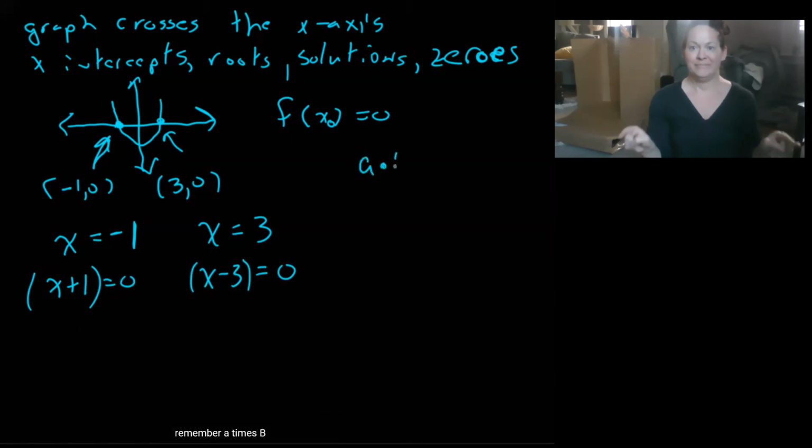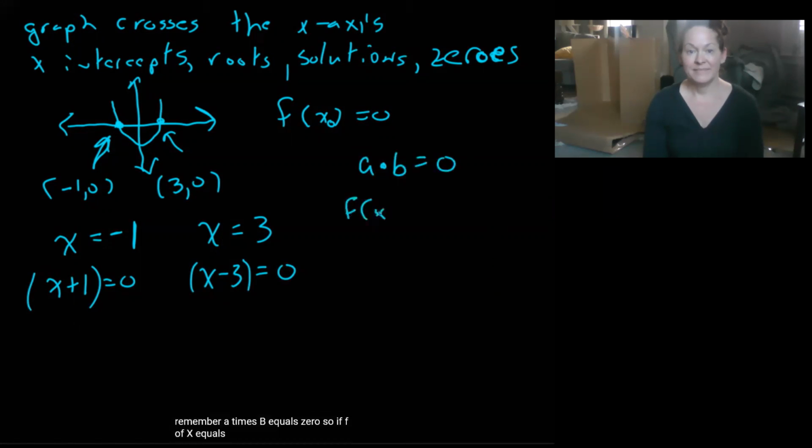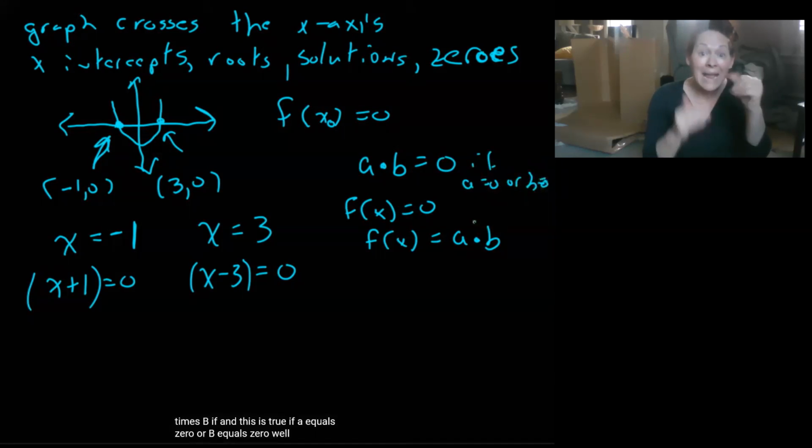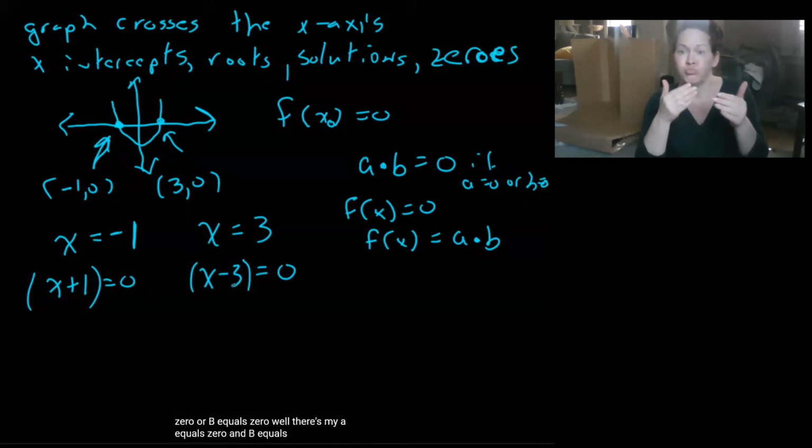Remember, a times b equals 0. So if f of x equals 0, then f of x can equal a times b if, and this is true, if a equals 0 or b equals 0. Well, there's my a equals 0 and b equals 0.